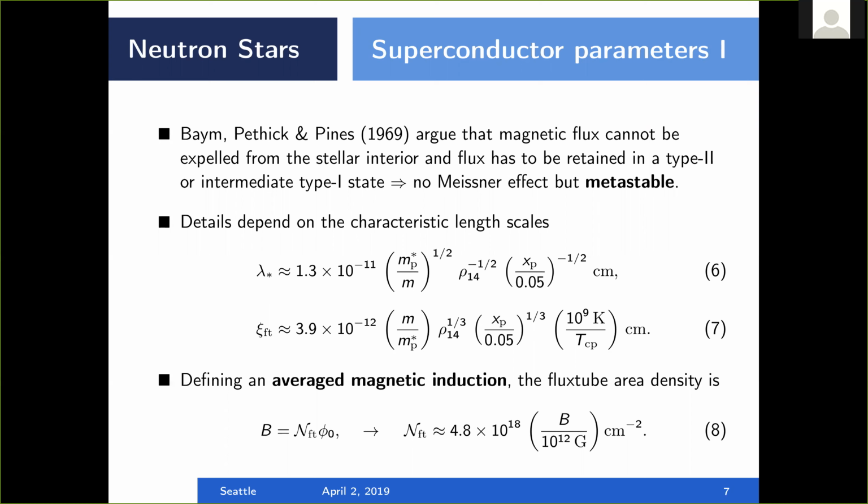So the proton number is much higher: I have 10 to the 18 proton flux tubes and 10 to the 5 neutron vortices per unit area, so there are 13 orders of magnitude difference. Sorry, those are proton vortices, the flux tubes. Okay.